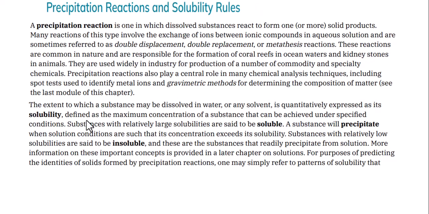They say to us that a precipitation reaction is one in which dissolved substances react to form one or more solid products. So there is a reaction inside of a substance, they dissolve and react, and they form a solid product.